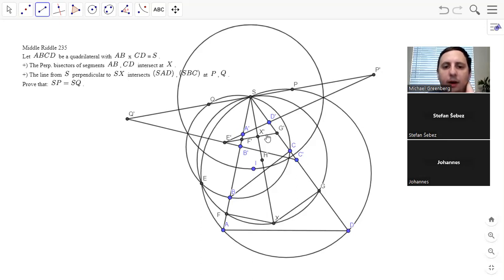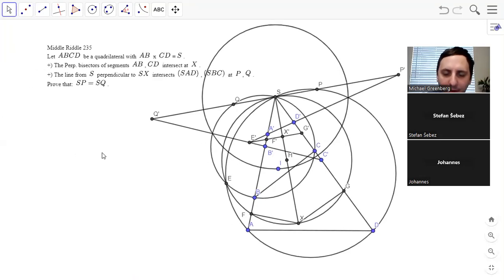Yeah. And what we need to show is that SP prime is equal to SQ prime. Right. And now you just project the cross ratio D prime, C prime, G prime, S through E prime onto PQ, and we're done. Okay, that's very cool. I like it.